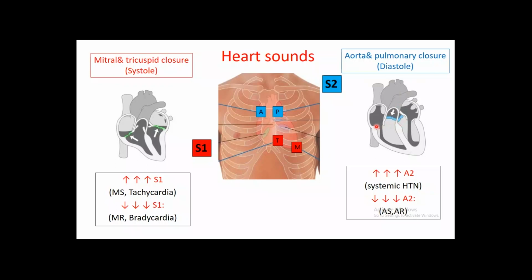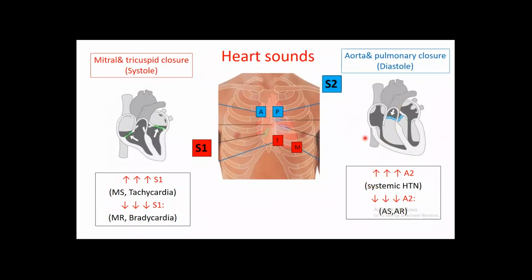So what are we expecting as the causes of an accentuated second heart sound? If we are talking about the aortic component of the second heart sound while auscultating the aortic area, this is caused by high closing pressure that might be seen in patients with simple systemic hypertension, a hypertensive patient.